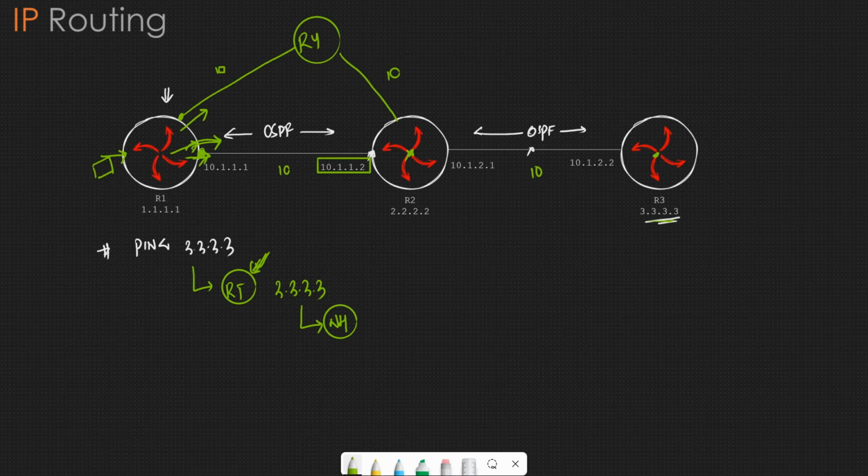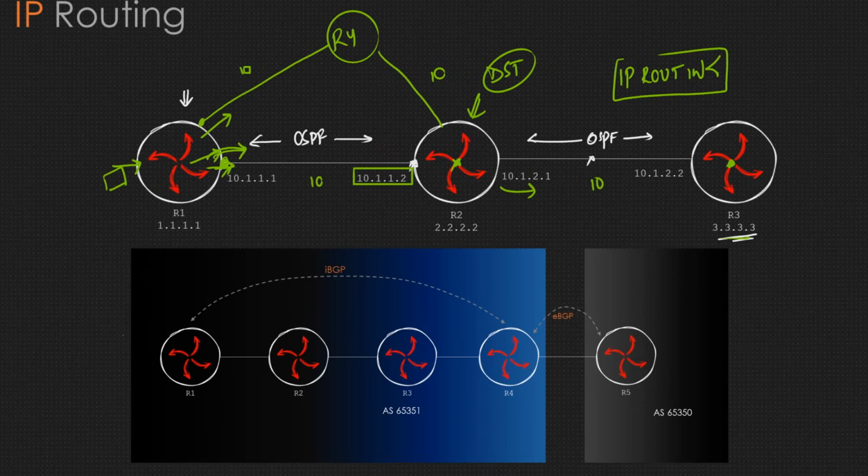This is plain IP routing: only IP packet routing is happening. It checks the destination address of the packet and moves it forward, and at the destination it checks the route table and says, okay, this is what the packet is destined for.